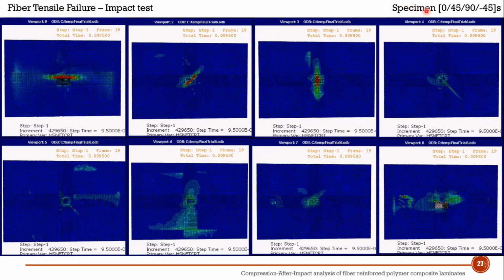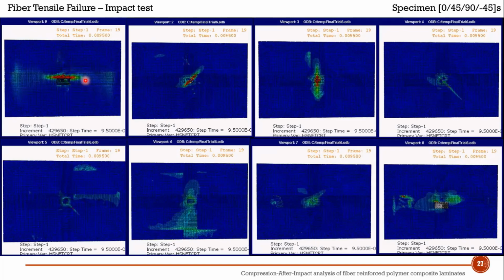Here we have the orientation at 45, then 90, and then minus 45. What is interesting is that our model is capturing information accurately, and it also gives another good piece of information: the failure happening during our experiment is also limited to the top 4 layers for this failure mode, the tensile failure mode of the fibers, because there are a number of failure modes.